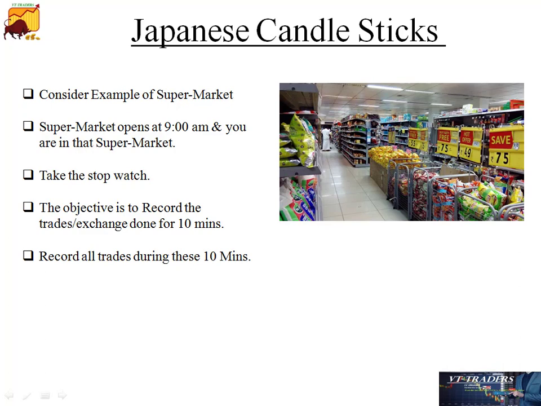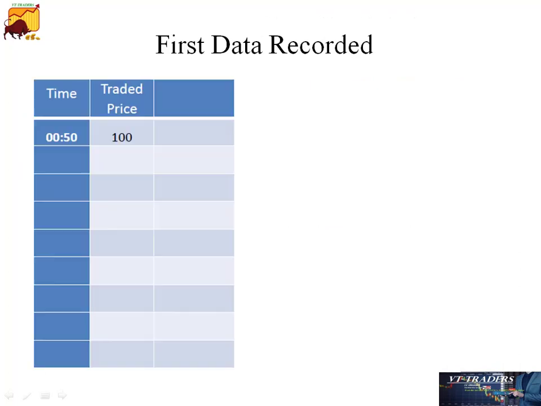You have to record the data for trades or exchanges that occur at the counter. Record all the trades that are exchanged during these 10 minutes, which occur at different intervals.